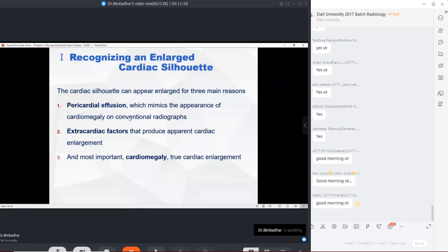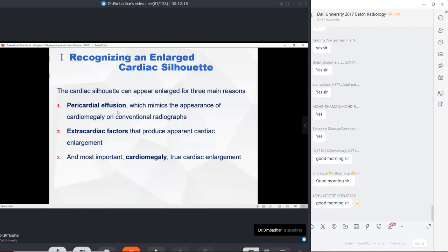So there is a space in between them, which is called the pericardial space, and there is pericardial fluid in it. If there is an increase in the levels of pericardial fluid, we call such a condition a pericardial effusion, right?